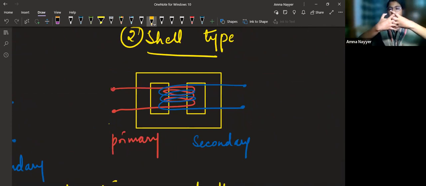They are kept in proximity to each other. In the first one, they were separated. In the second, shell type, they are kept in closer contact. Same thing will occur. It's just the difference of the construction. Because of the construction, you have various changes, and industrial uses just get changed. The rest of the thing remains the same. So the primary and secondary's construction makes it different.